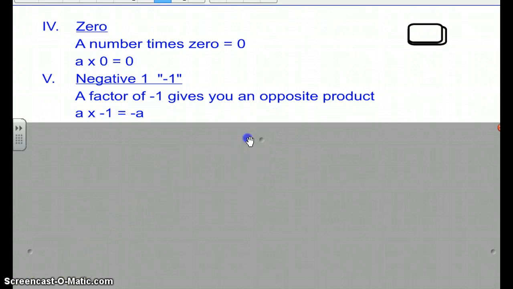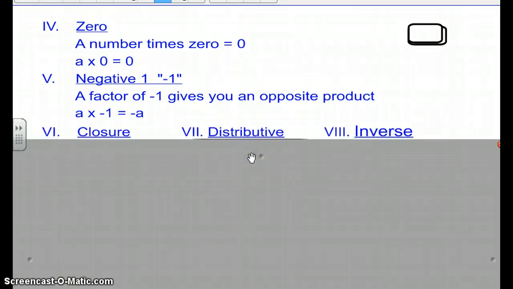Okay, and we have 3 other properties of multiplication. We have a lot, you have them all. Now, it's really wonderful to have them in one place. The closure property of multiplication. Think back to our discussion about the closure property of addition. Does anybody remember that?